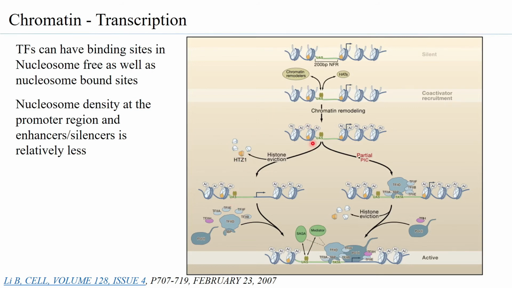The nucleosome that was present over here is now completely evicted, and therefore you can see how this entire DNA portion, where this part was present within a nucleosome, is now open.